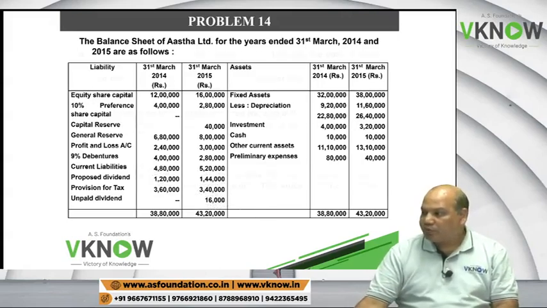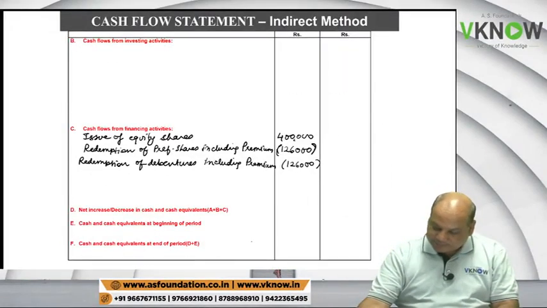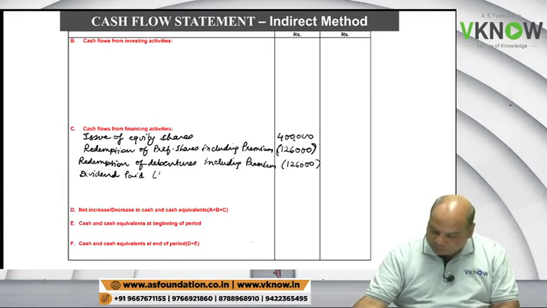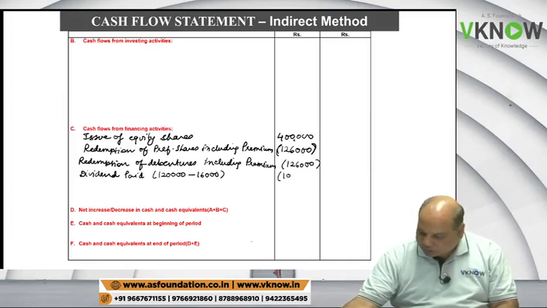Please come to financing activity. Dividend paid: the actual dividend paid will be 1,20,000 minus 16,000 in bracket, 1,04,000.